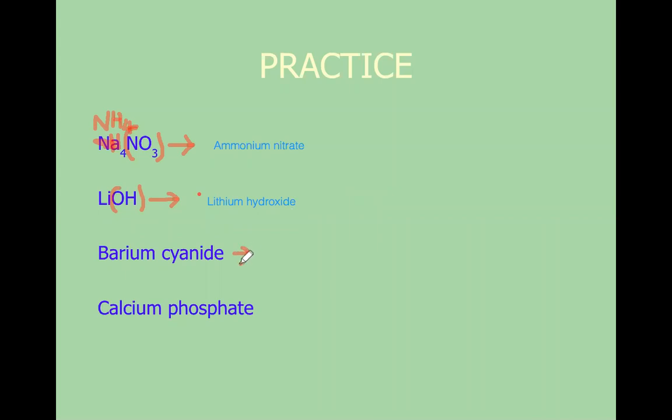I think this is kind of repeated. Barium. And the polyatomic cyanide is CN, because cyanide is only one, so whether you have written in parentheses or not written in parentheses, that's okay. Then calcium phosphate.